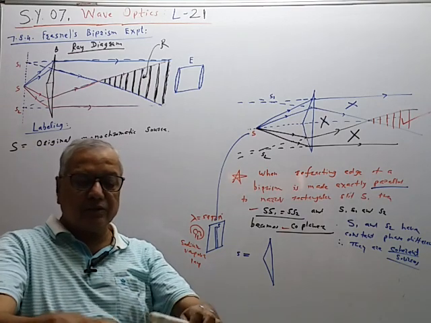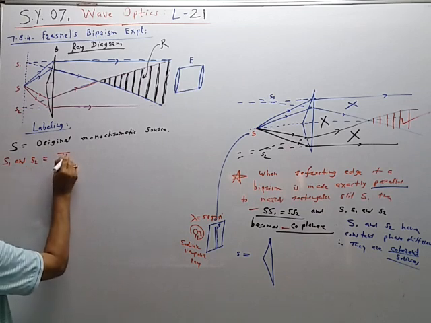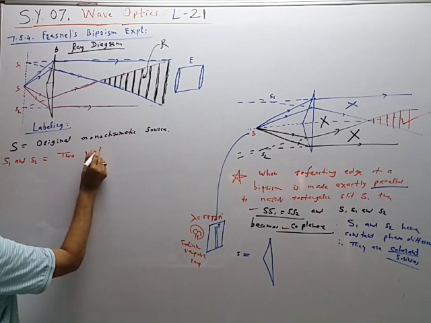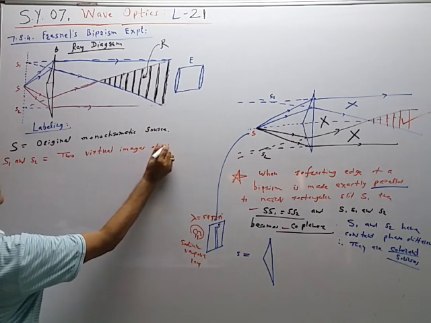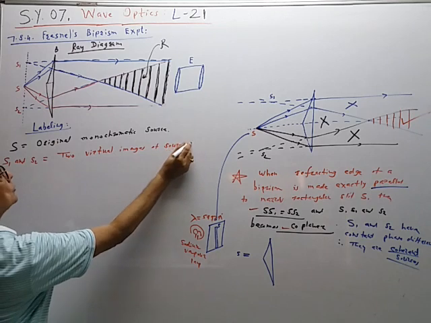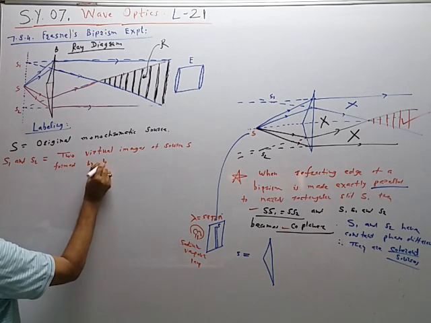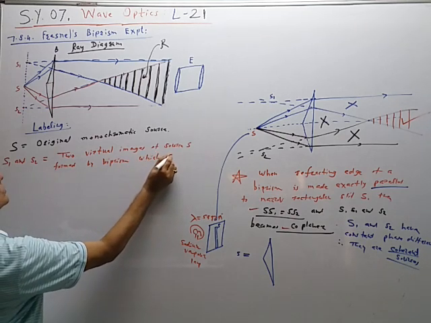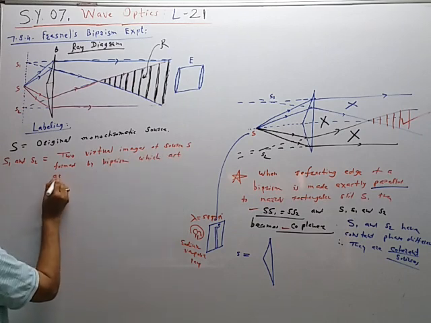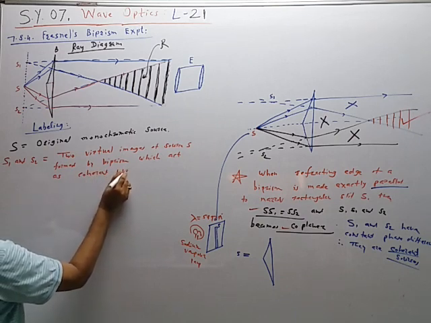Now, S1 and S2 are the two virtual images of the source S formed by the biprism, which act as the coherent sources because they are having constant phase difference.